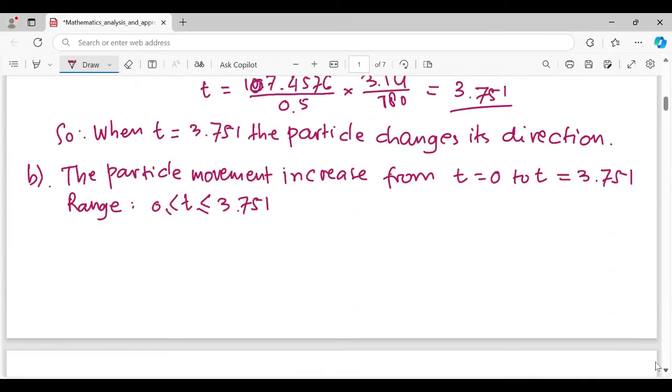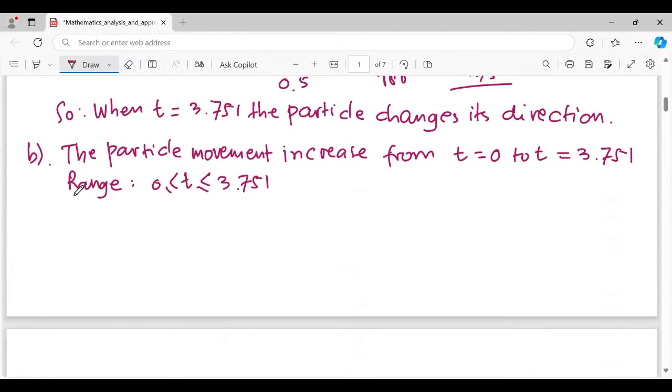I have to determine that point through the velocity function, 2 sine 0.5t plus 0.3t minus 2. You can determine it through the calculator, but I would like to show you by my method, a numerical method.